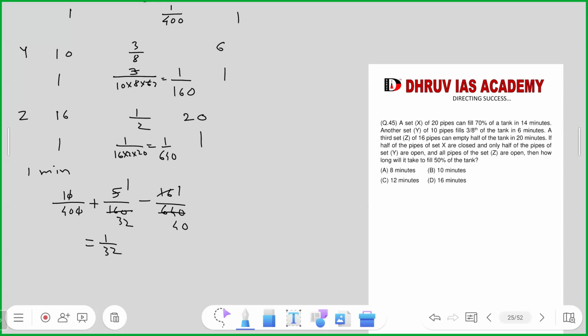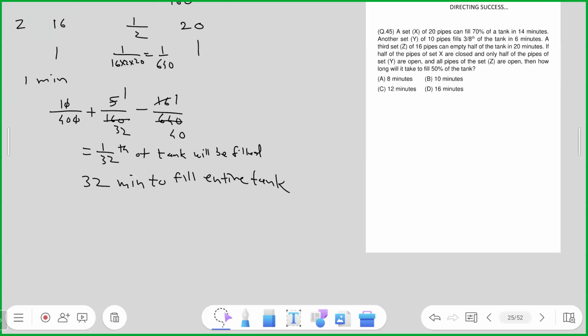So in 1 minute, with 10 pipes of X, 5 pipes of Y, and 16 pipes of Z open, 1 by 32 of the tank will be filled. That means they need 32 minutes to fill the entire tank.